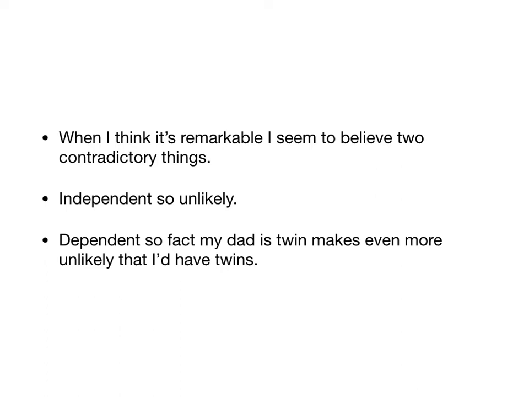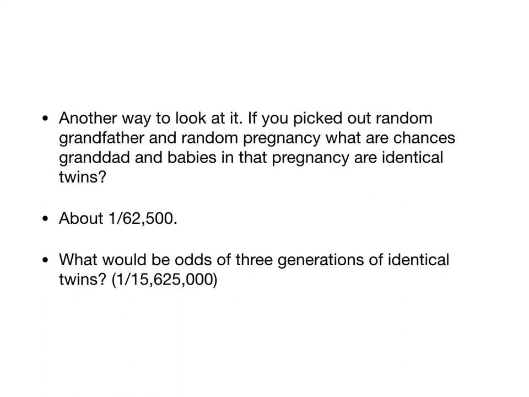Here's another way to look at it. If you picked out a random grandfather and a random pregnancy, what are the chances that the granddad would be an identical twin and the babies would be identical twins? About 1 in 62,500, right? We'll talk about why this is in a minute. We talk about multiplying probabilities.